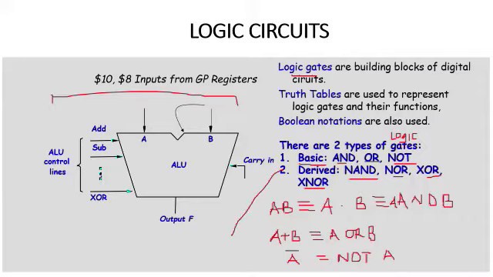Now let me show you the derived ones. So you see, NAND equals not AND.